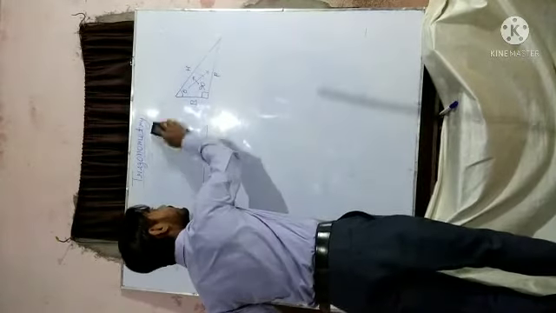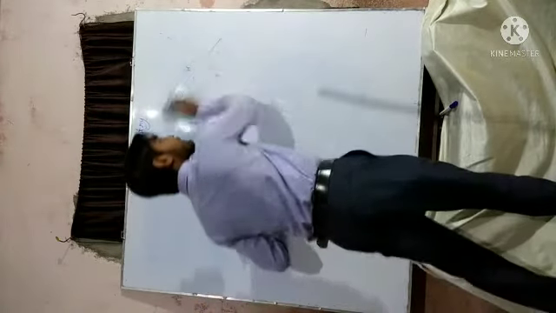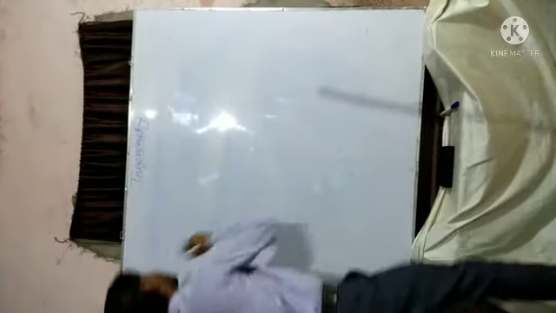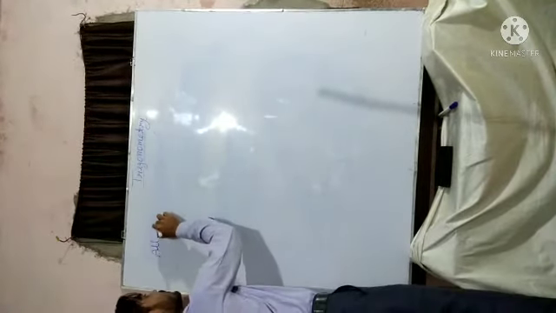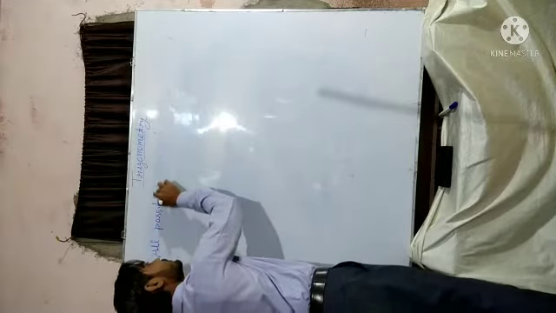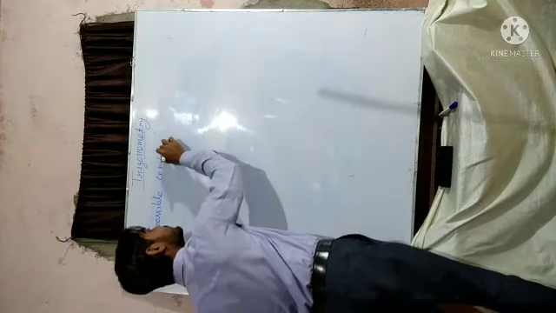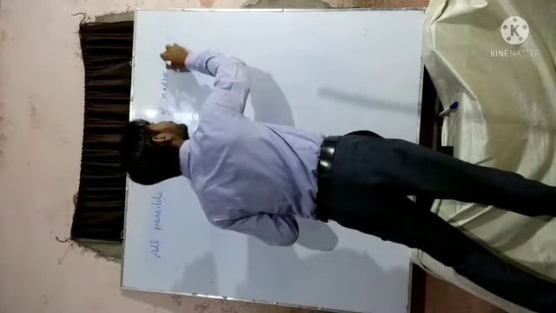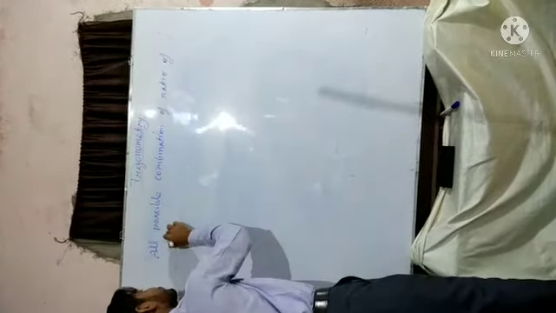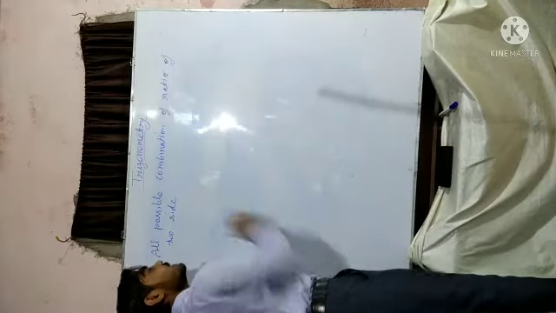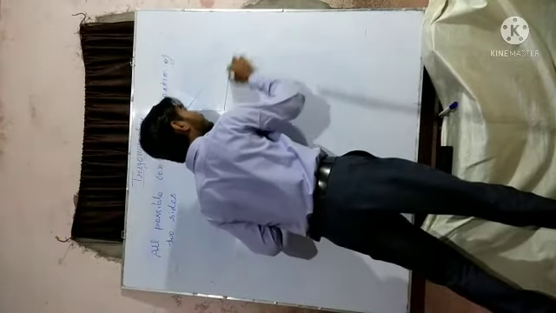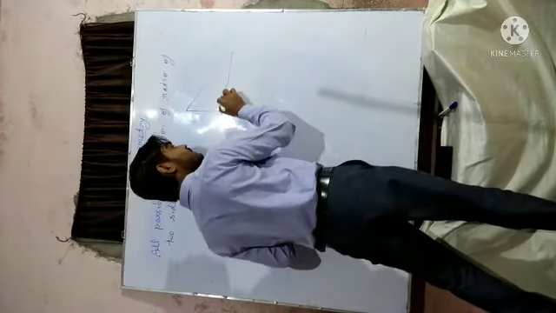In a right angle triangle, there are hypotenuse, perpendicular and base. All possible combinations of the ratio of two sides in a right angle triangle. Let us take this right angle triangle, this is 90 degrees.